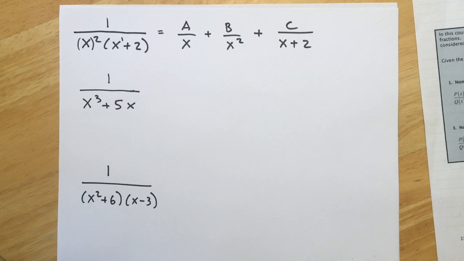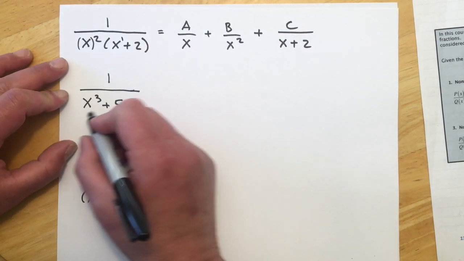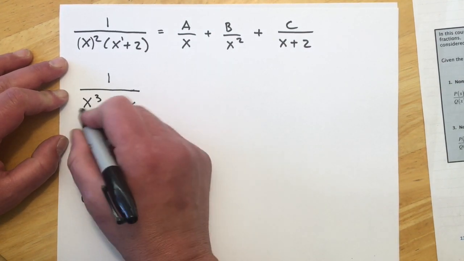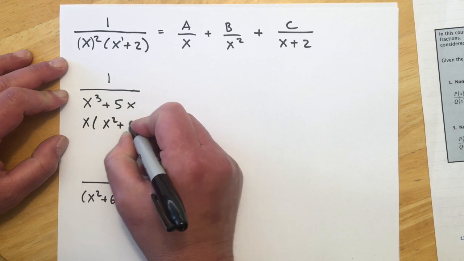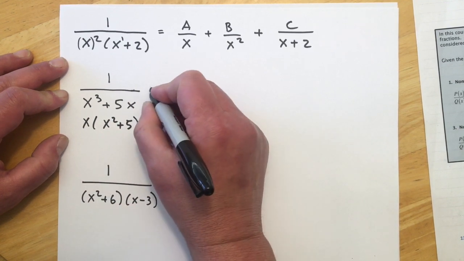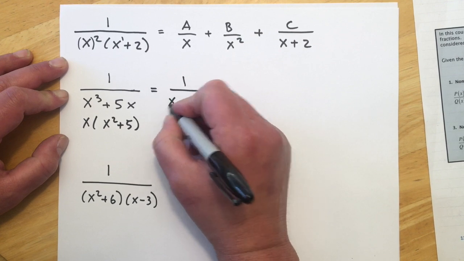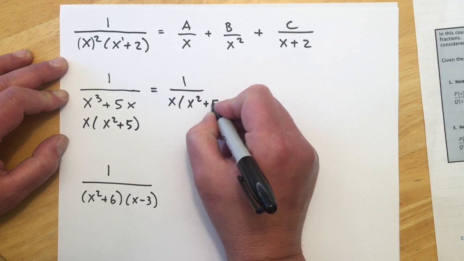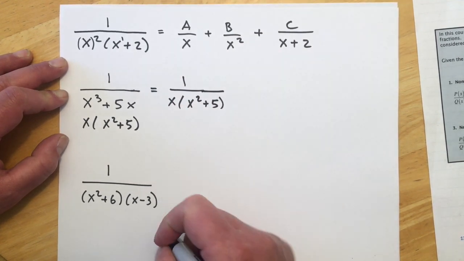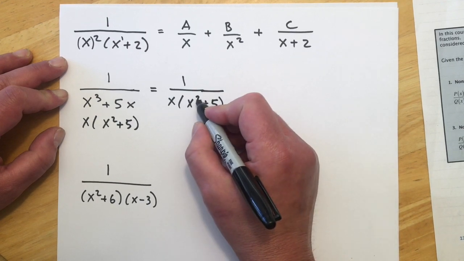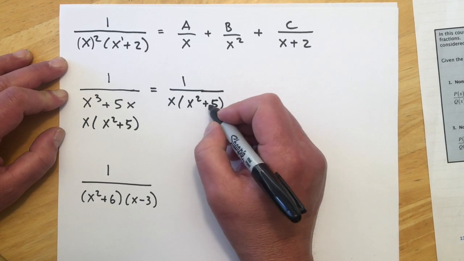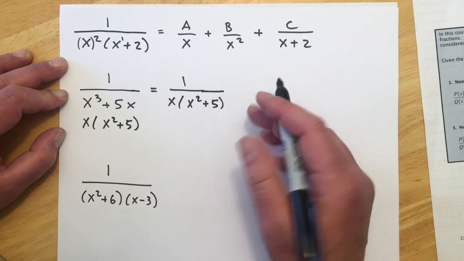Okay, for this next one, we're going to take out an x, because that's our common factor. It's going to leave an x squared plus 5. So let me rewrite that here. So that is an actual quadratic now, and that's because I can't break this up at all, right? x squared plus 5, it's prime.